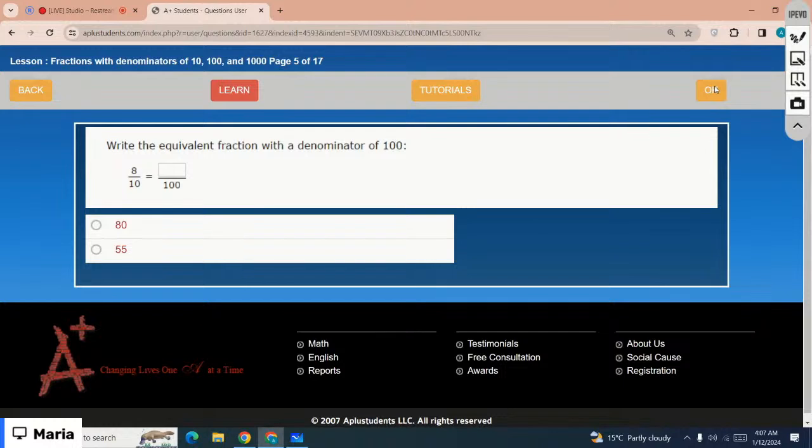Write the equivalent fraction with the denominator of 100, which is the correct option? Very good, the missing number is 80.